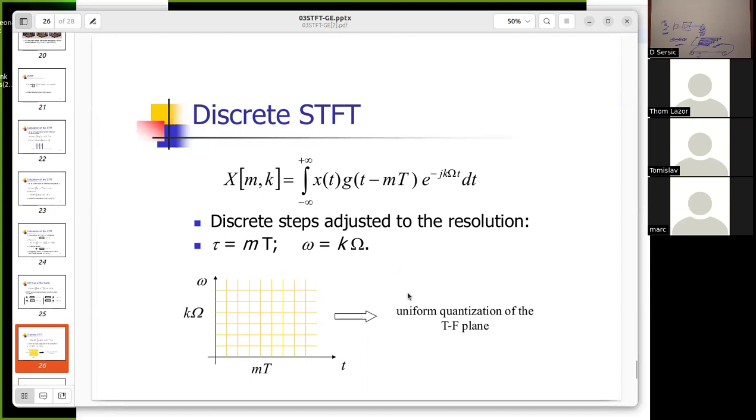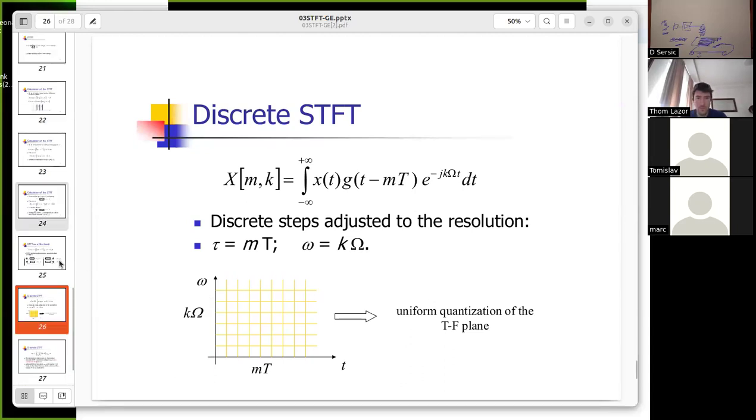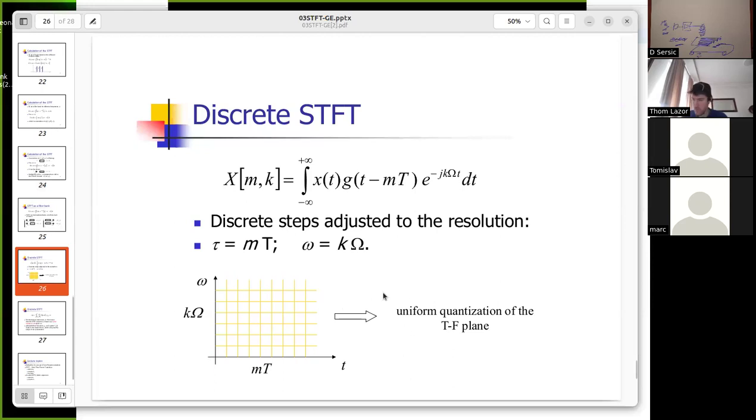We choose some quantum of frequency, some quantum of time, and instead of calculating all possible shifts, we calculate only a discrete set of shifts and a discrete set of frequencies. Since the resolution is like this, it is obviously okay to do uniform quantization of the time-frequency plane.